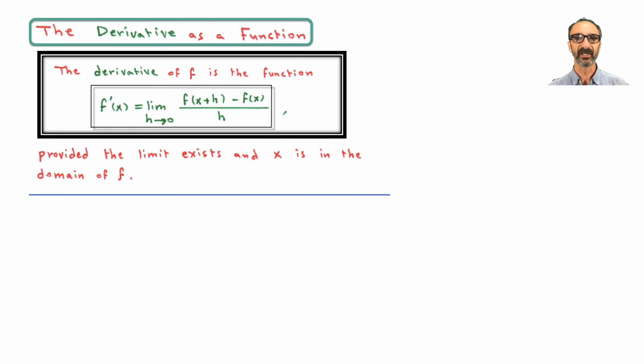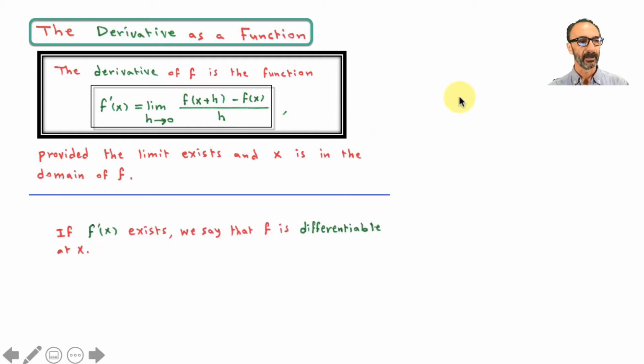If the graph takes you up, going from left to right, we call it positive slope. If the graph is taking you down, we call it negative slope. So those are the values or the behavior of f prime. If f prime exists, we say that f is differentiable at x.